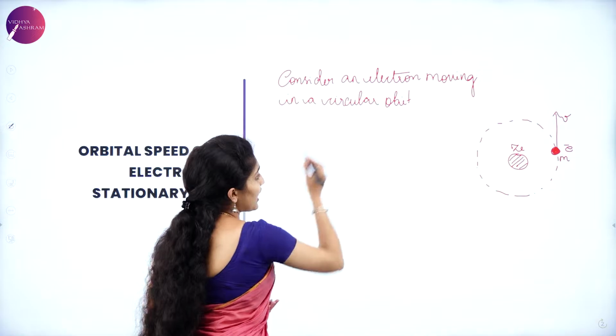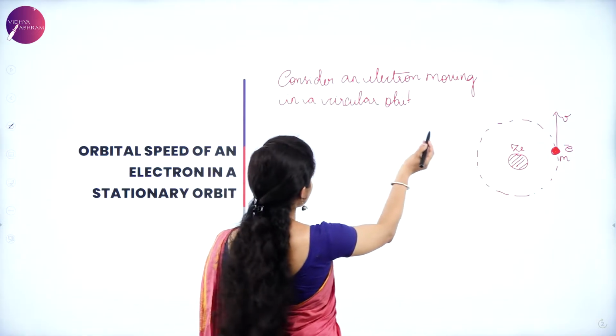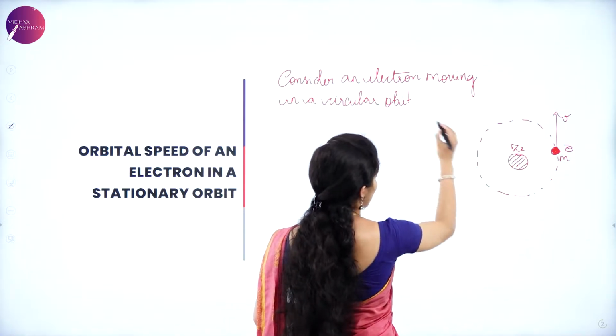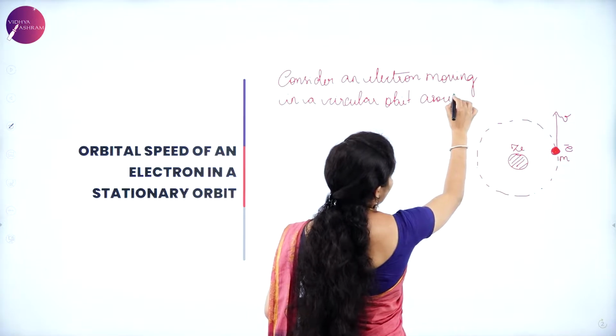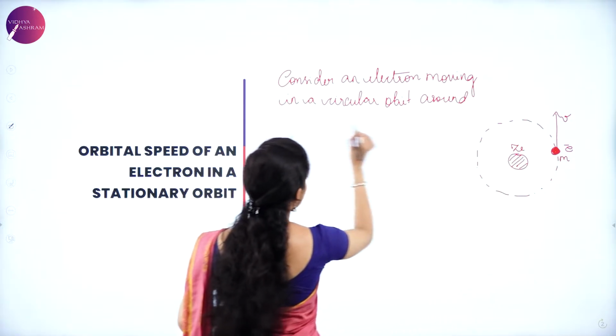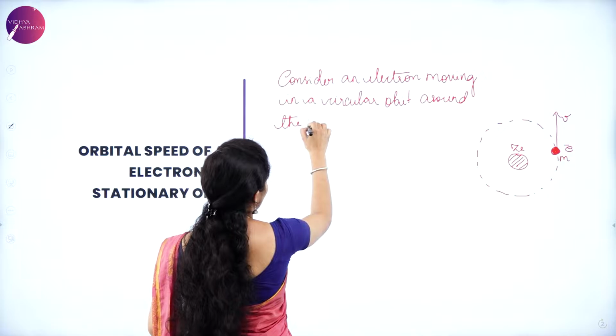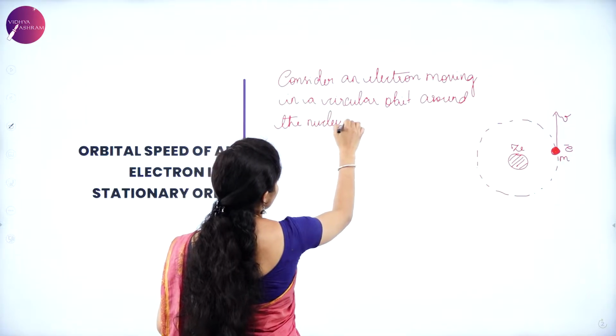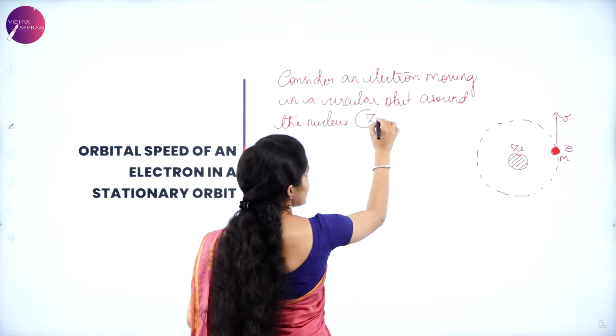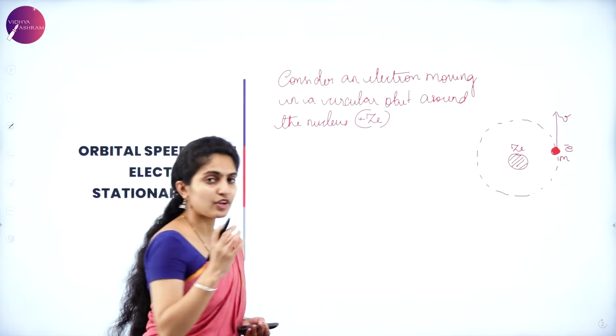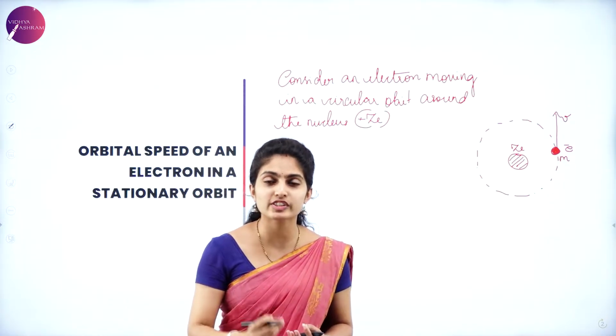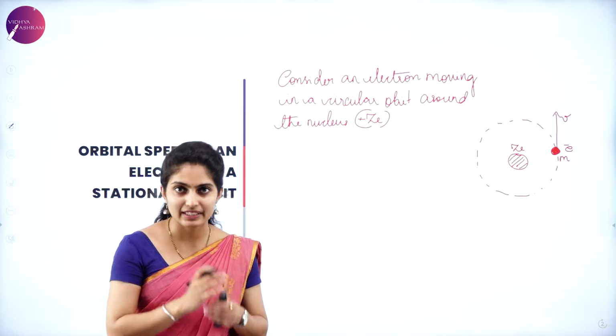So consider an electron which is moving in a circular orbit around the nucleus of charge Ze, that is a positive charge, because the nucleus consists of a positive charge embedded in it.